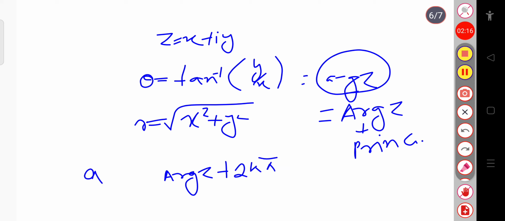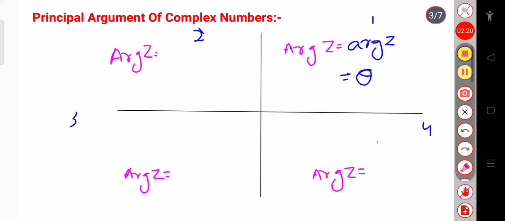So let us see in the second quadrant, the capital argument of z is pi minus theta, and in the third quadrant this will be equal to minus of pi minus theta, and in the fourth quadrant this capital argument of z is nothing but minus of theta, or minus of small argument of z.